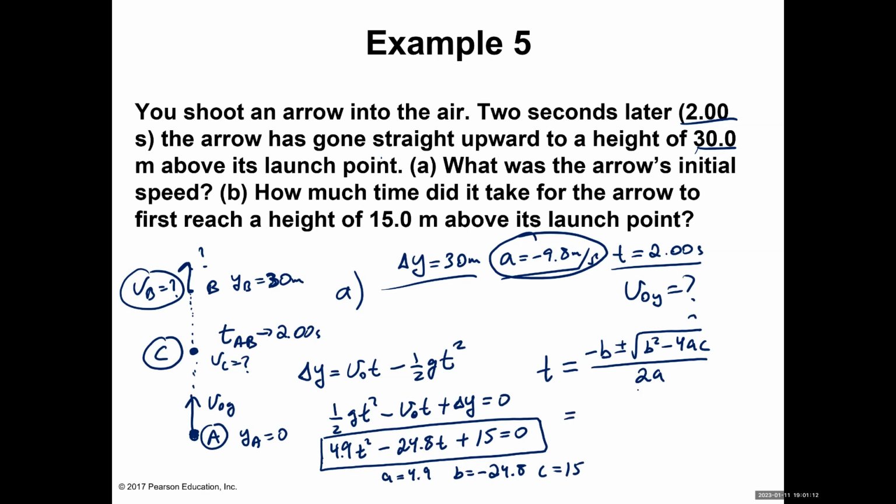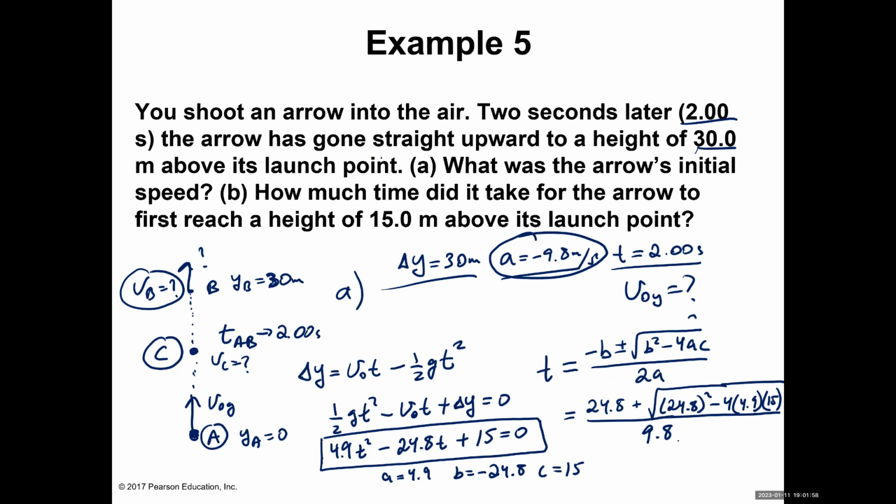So it equals, b is negative 24.8, and negative b means it's 24.8, plus or minus the square root. So let's first do the plus. And obviously, I think some of the calculators have that ability. So 24.8 squared minus 4 times 4.9 times 15, and the whole thing is divided by 2 times a, which is 9.8.